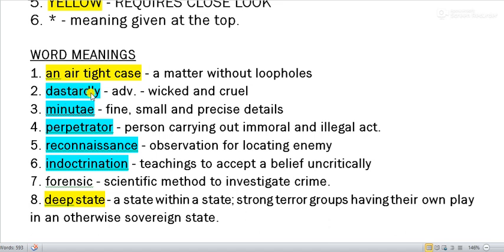Dastardly. Now just see this ly. Ly usually pinpoints that the word is an adverb. Dastard is another word, a noun, and the noun has been converted to an adverb with the help of ly.